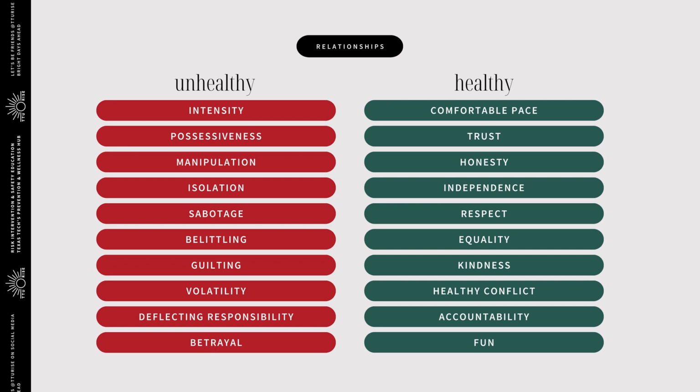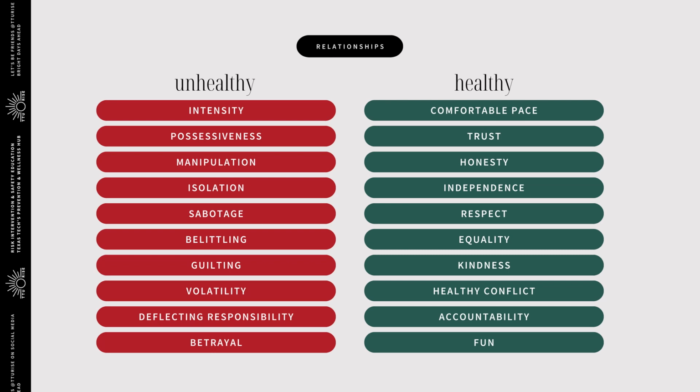Belittling, calling you names, or making you feel bad about yourself. Guilting, making you feel bad about what you are doing or what choices you've made. Volatility, this one really looks like going from 0 to 60 really fast. It's also going to look like dangerous driving or any type of outburst of violence.